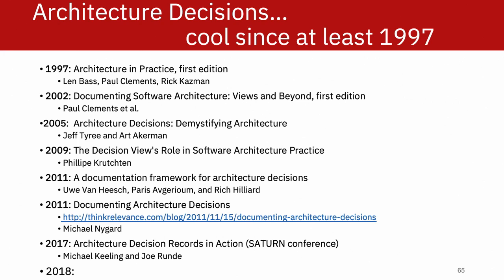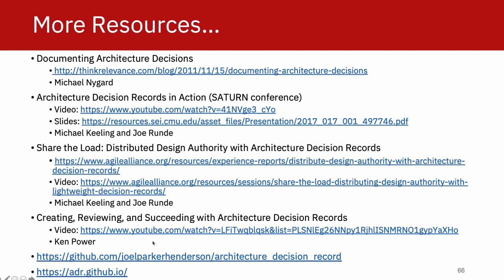If you want books, Architecture in Practice and Documenting Software Architectures are also solid. And I already referenced the Nygaard talk. Looks like I was in the middle of editing this and abandoned it. Oh, I should have put my book on there, but whatever. Lots of papers on recent stuff. I've been sharing snippets and bits and pieces from a lot of these things, but there's a handful of papers, videos, stuff like that out there.